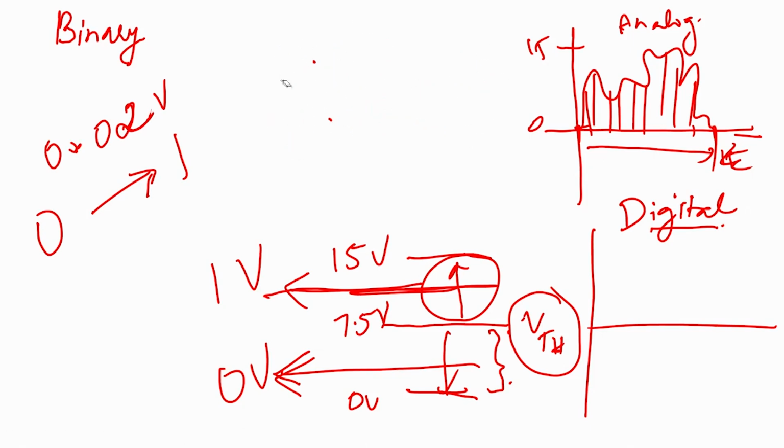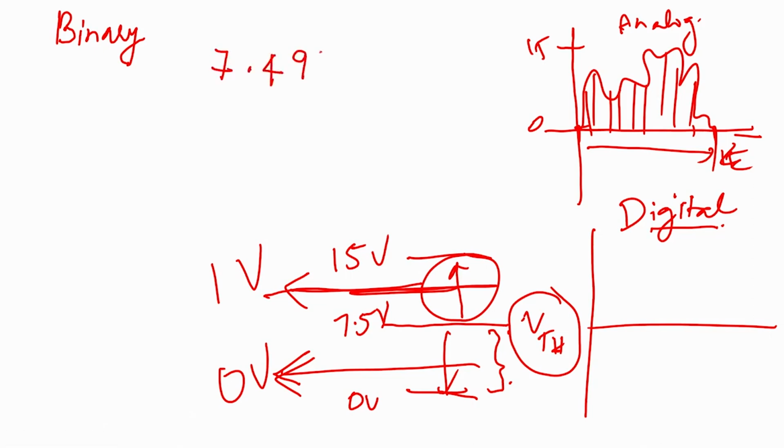Let us go over it again, I think we were a bit fast there. Let us say our input voltage was 7.49 volt, that as per our logic we translate into binary 0. Now, after some time our input voltage became 7.51 volt, but as per our logic we translate it to 1. So, let us say this is one voltage V1 and this is another voltage V2.